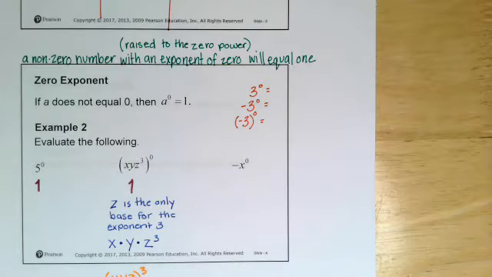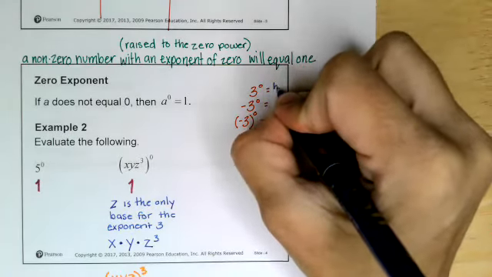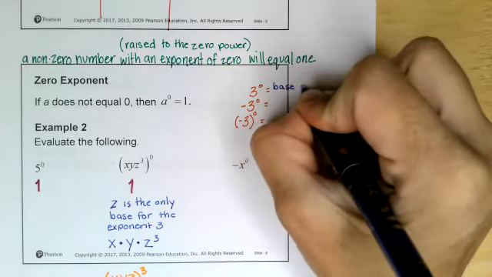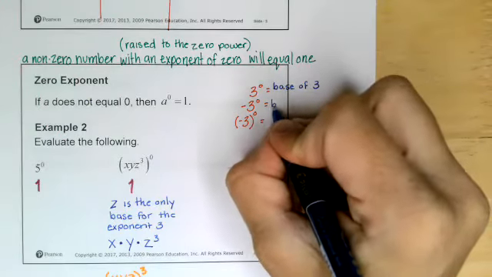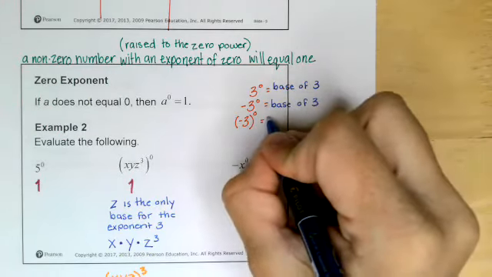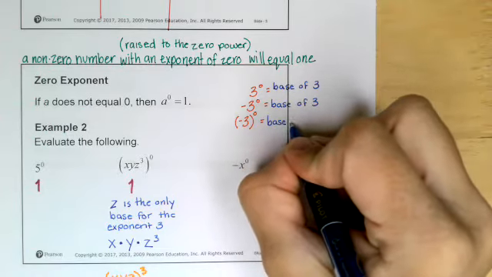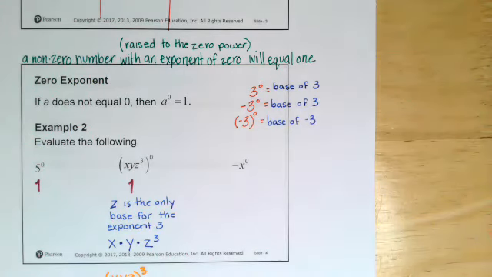They all have different bases, okay? So here, the base is 3. Well, I guess they don't have different bases because here we also have a base of 3. And here we have a base of negative 3 because the parentheses tells us what the base is, okay?